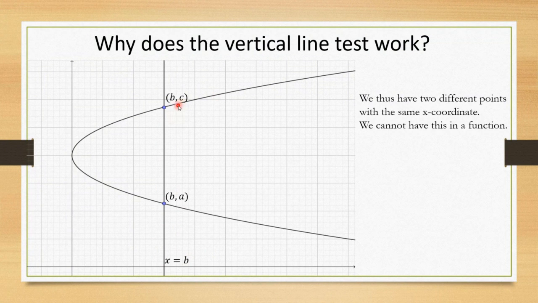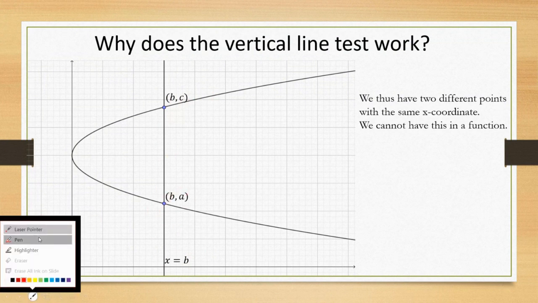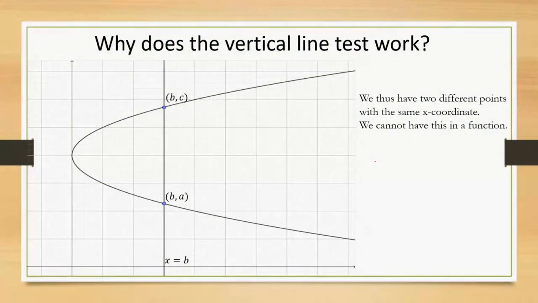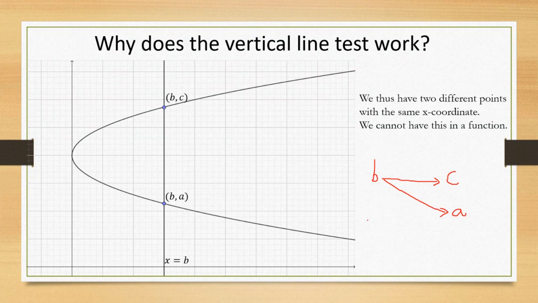With a graph, just like a relation, you can't have two ordered pairs with the same x coordinate but different y coordinates, because then this is saying that B goes to C and B goes to A. I'm not going to draw the whole correspondence diagram, but in this case you would have B being assigned to C and B being assigned to A. You can see that this cannot happen.